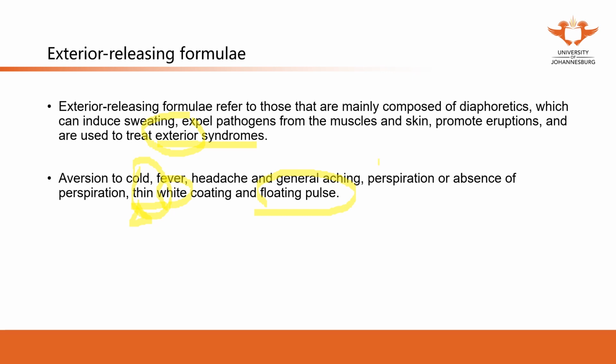The patient presents perspiration because the patient has deficiency in the superficial level. So the qi in the superficial level is not strong enough to hold or to confine the sweat, to confine the body fluids in the body. That's the deficiency in the superficial level.